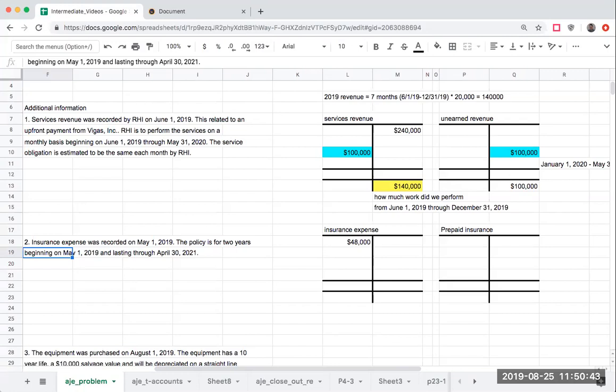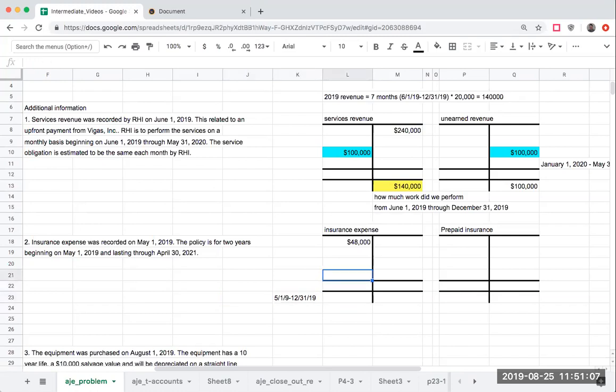So the way we have to treat this is we have to say to ourselves, well, does this represent the amount of insurance expense from May 1st, 2019 through December 31st, 2019? This has to be the amount of expense that is reflected here.